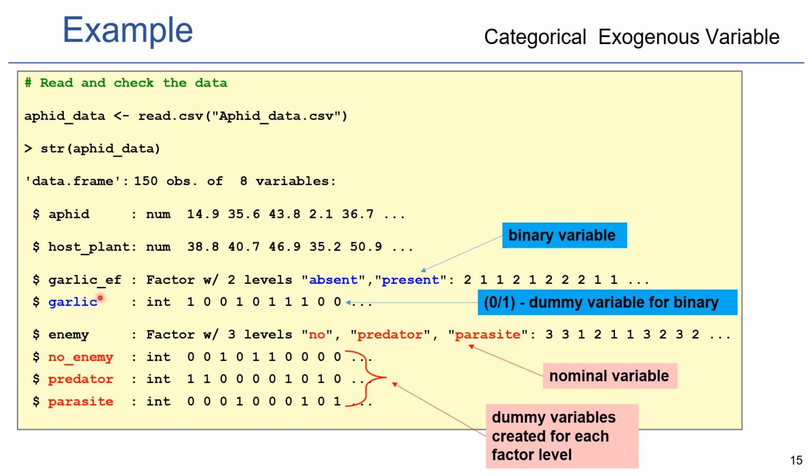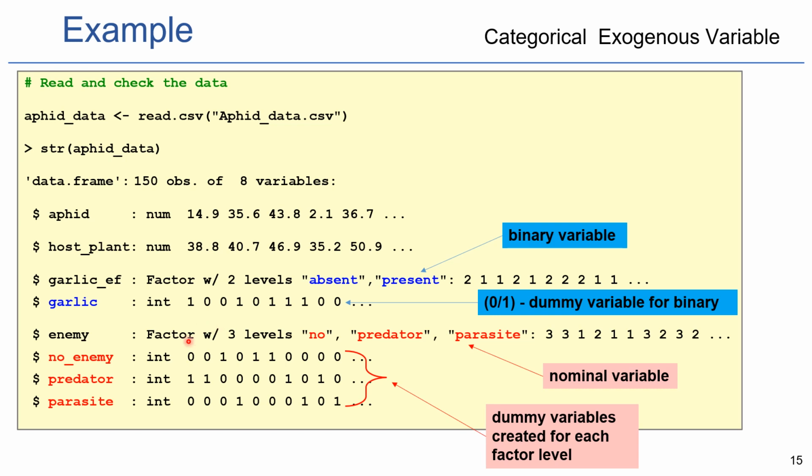Next we have garlic effect, and this is a factor with two levels, absent or present. So this is a binary variable which we can simply transform into a numeric dummy variable. So I created the numeric variable which has simply 1 or 0.